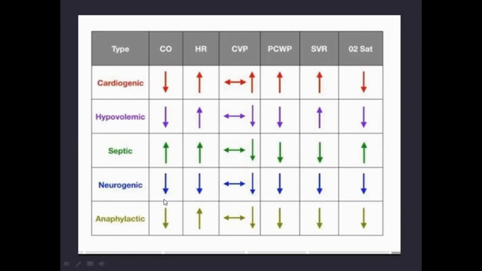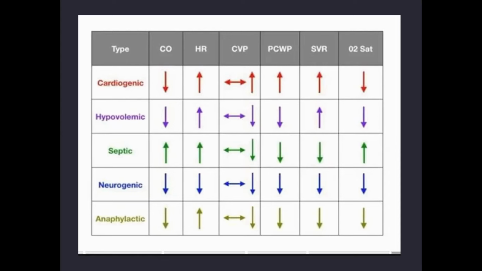Next, moving towards neurogenic shock. In neurogenic shock, the cardiac output and the heart rate are both down because of the inability to use sympathetic tone. I am again saying that in neurogenic shock, there is either brain or spinal cord damage, which results in decreased sympathetic tone and decreased activity.